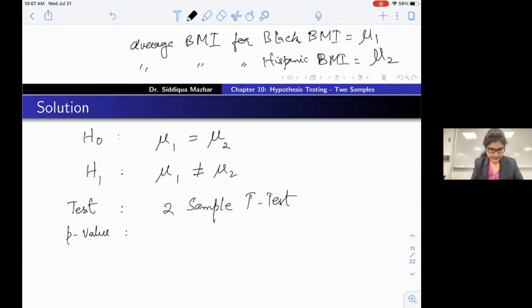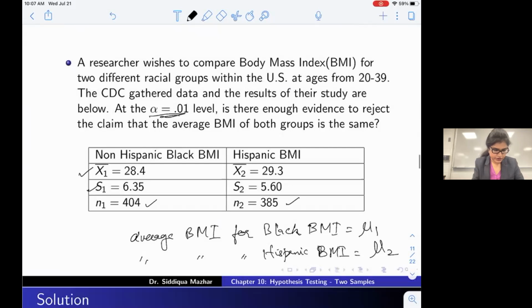X1 is given in your question, which is 28.4. Sx1 is written, it's not S1, it's Sx1, but it is the same thing as S1, because for the first group we are writing the sample standard deviation, which is 6.35. N1 is the sample size for Black BMI, which is 404.